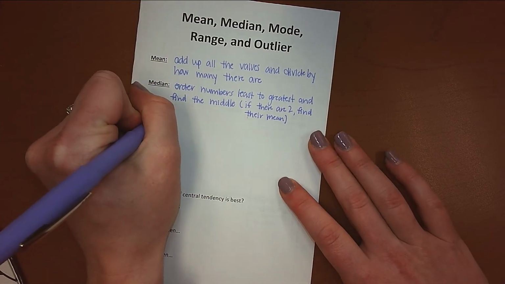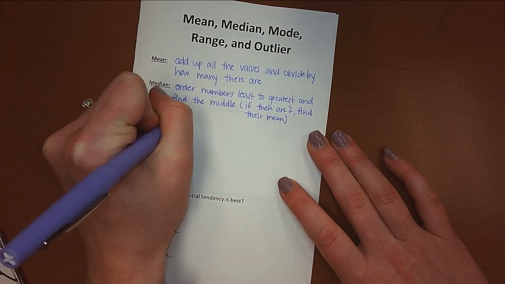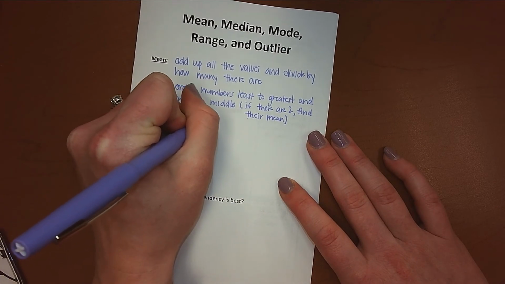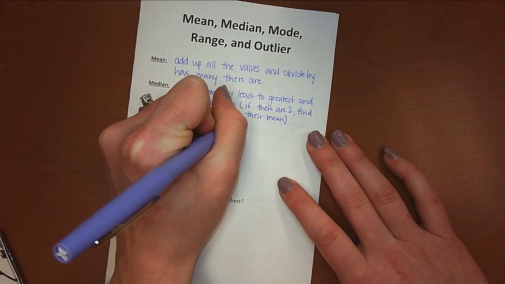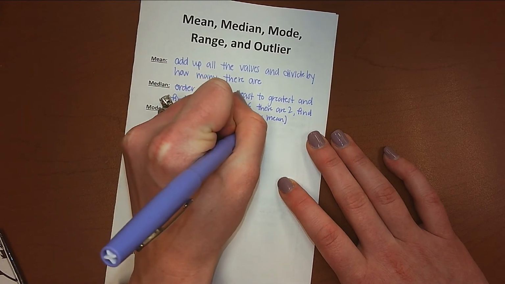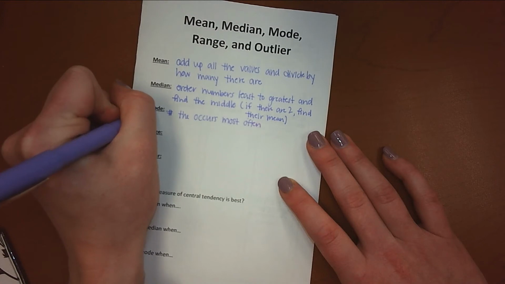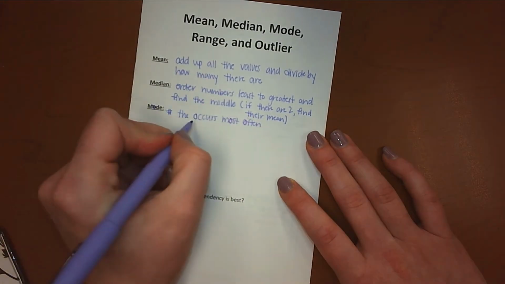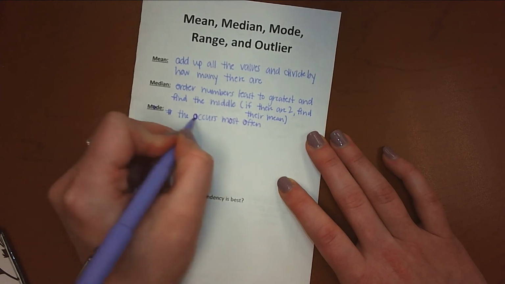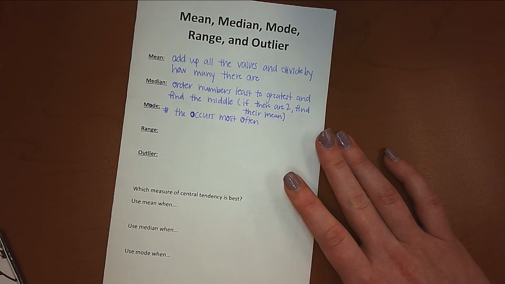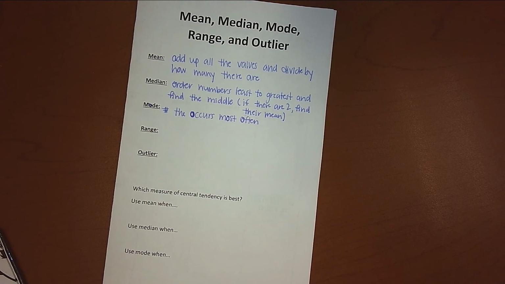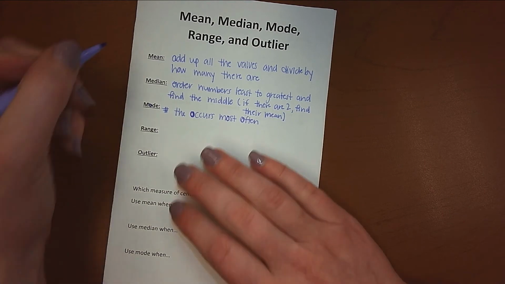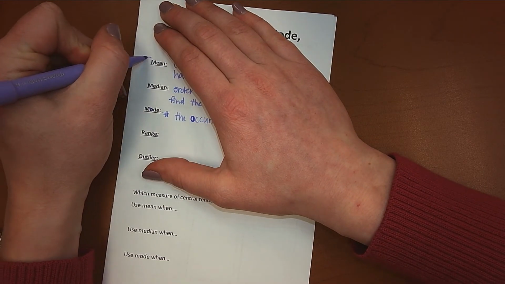Mode is the number that occurs most often. I always remember mode because of the long O sound. Occurs most often, but mode occurs, those two O's, that's kind of how I remember that. We call these top three, mean, median, and mode, the three M's.